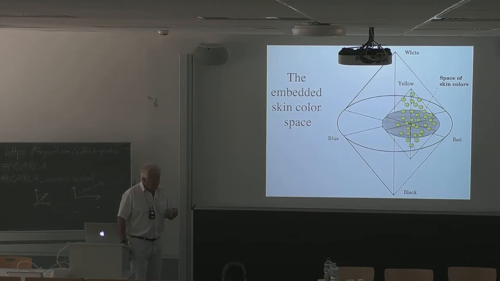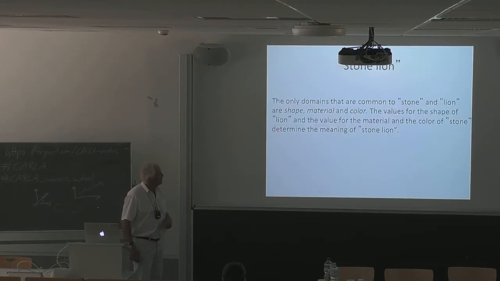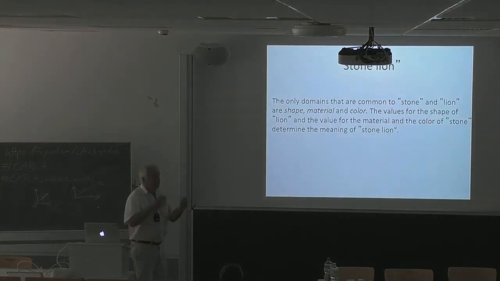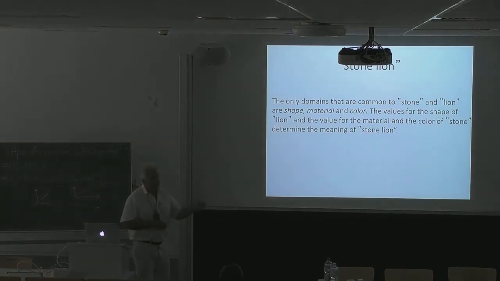Okay, then let me go on to the famous stone lion here. Now, here I would go back to my analysis of different kinds of nouns being associated with different domains. So lion is a typical object category. So it has all these object properties of size, weight, temperature, material, biological properties and so on.